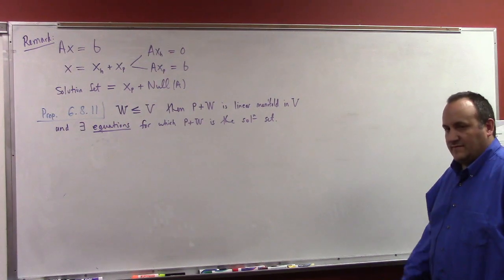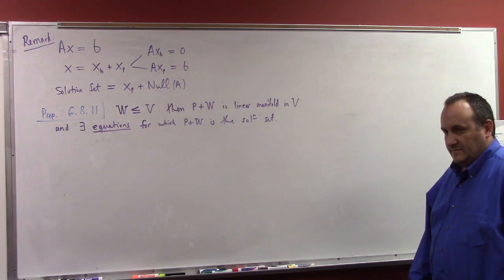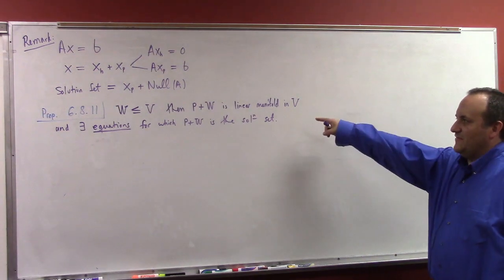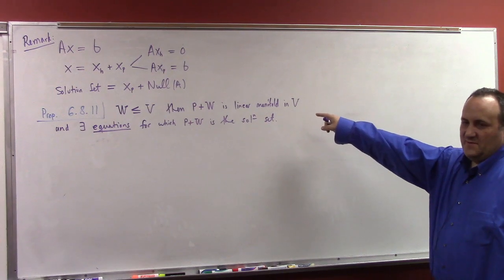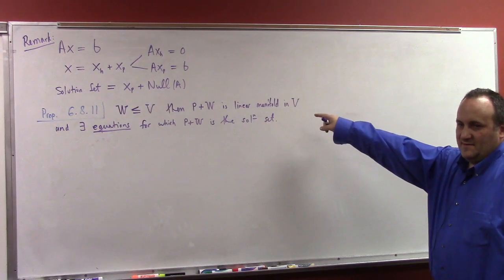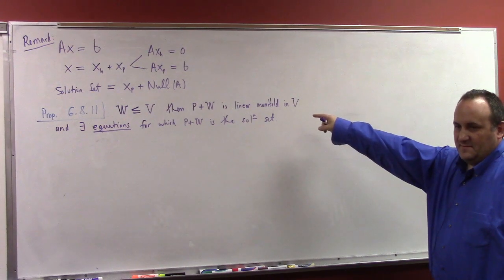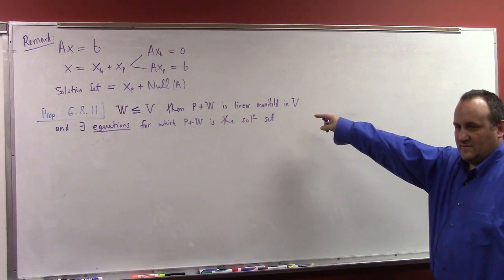It's certainly isomorphic to a subspace. But anyway, this is a more interesting claim. I'm saying that if you have a quotient space of a vector space, there exists a system of equations for which it's the solution set.